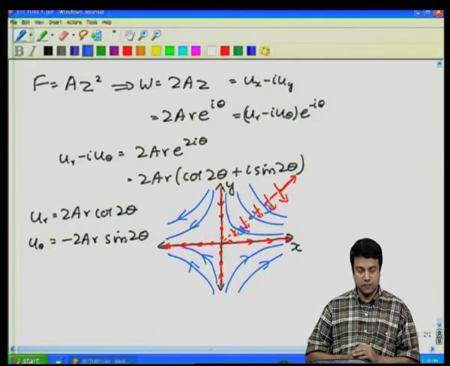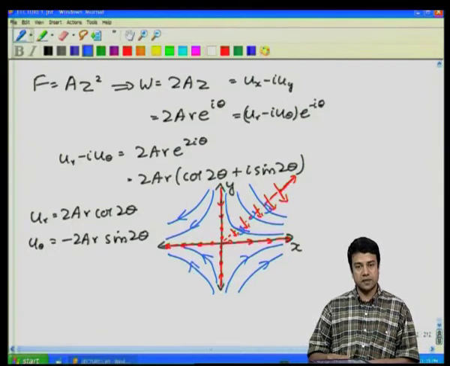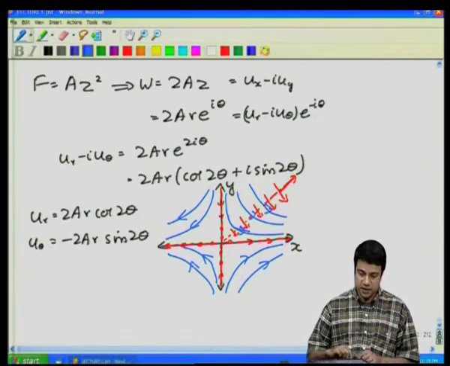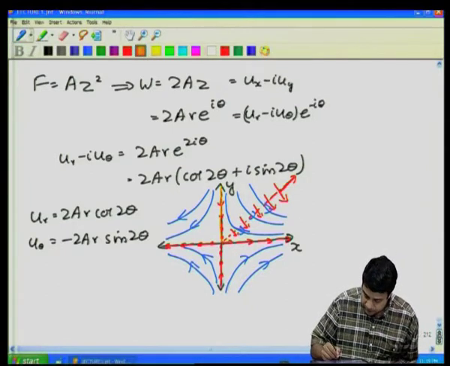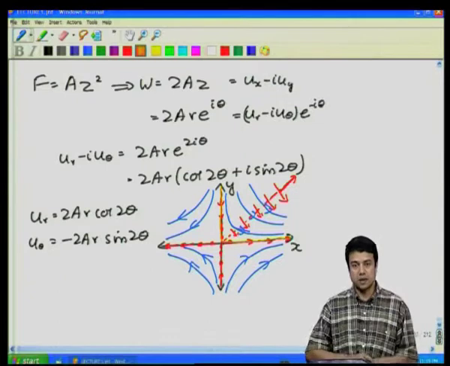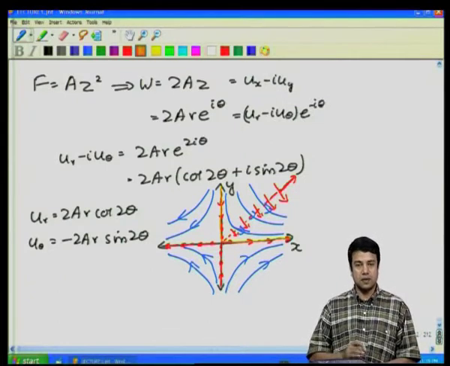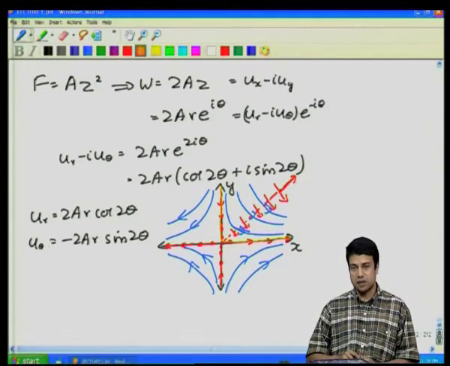So, therefore, this complex function a z square represents a flow in a corner whose axes are 90 degrees apart. It represents the flow in a corner in which the angle between the two surfaces at that corner is equal to pi by 2. So, that is for a z square.